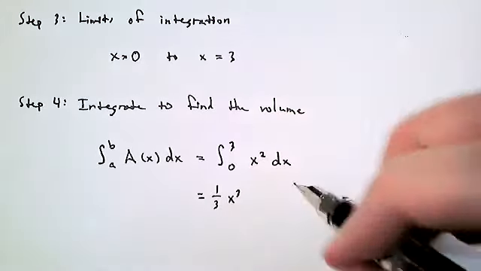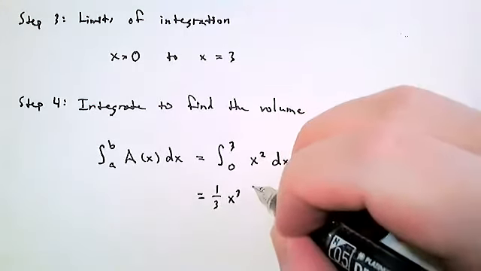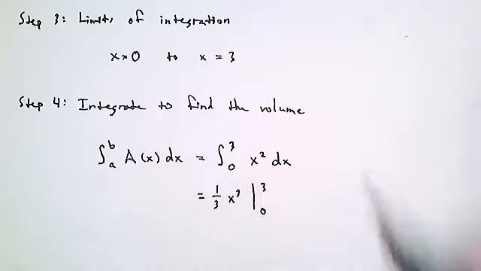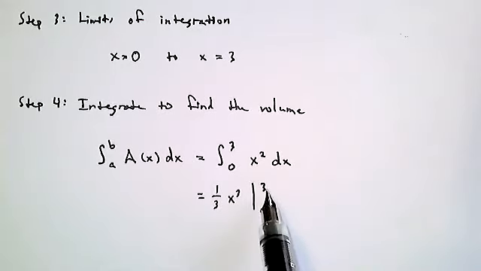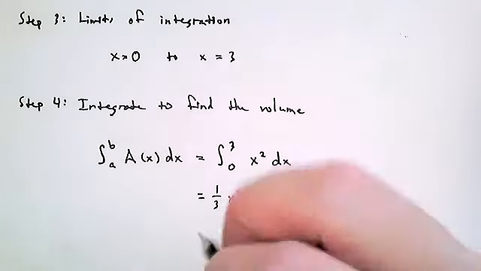And since this is a definite integral, we actually have limits of integration. I'll use the vertical bar notation that you've probably seen before in your Calculus 1 class. What this tells us to do is to plug in the upper number and then subtract what we get when we plug in the bottom number.